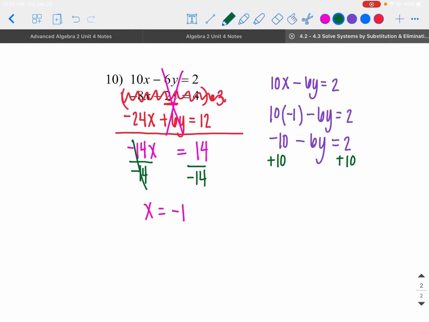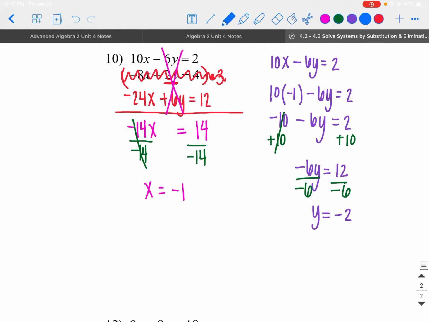Then if I add 10 to both sides, negative 6y equals 12. Dividing by negative 6 gives me y equals negative 2. So my solution is the point negative 1, negative 2.